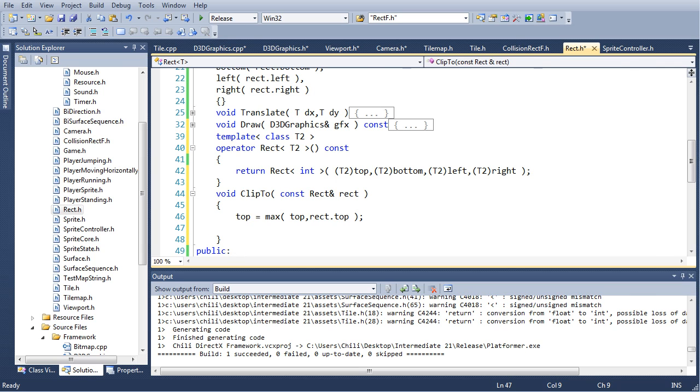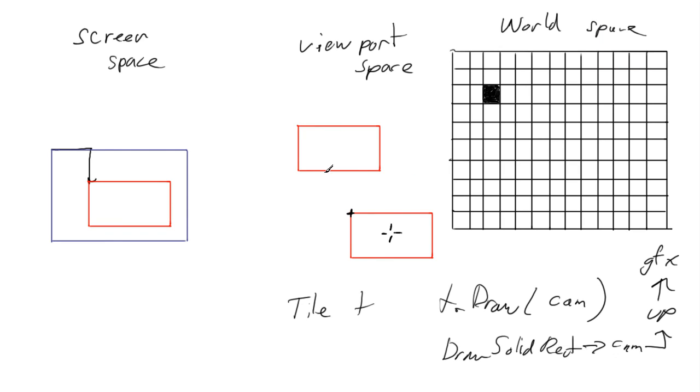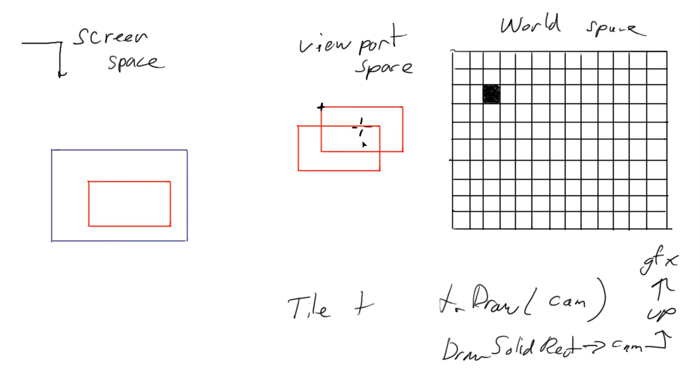Right? I'll explain this one case for you. Let's say we're clipping this rectangle to this rectangle here. So they both have a top, right? And we're clipping this one to this one.